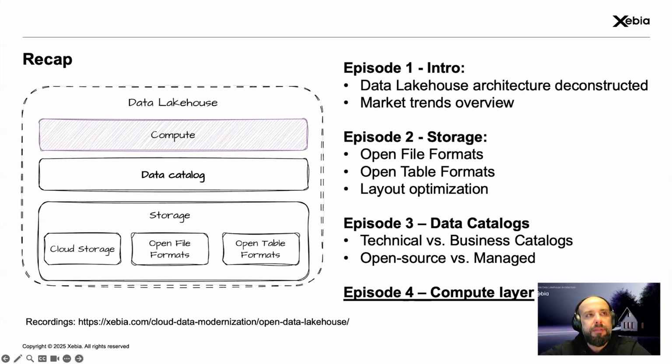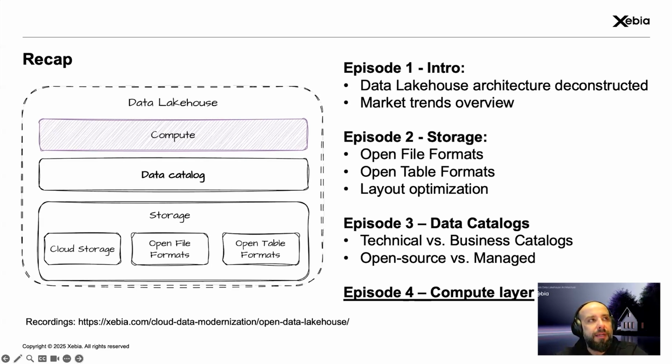The last episode was about data catalogs, where we discussed technical versus business ones, open source and managed, and all the challenges with building an open data lakehouse architecture using both proprietary and open source catalogs. And finally, today's episode is dedicated to the compute layer.